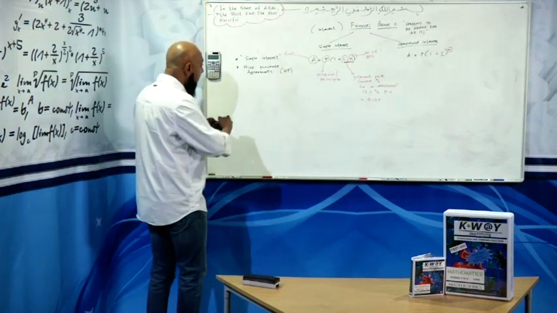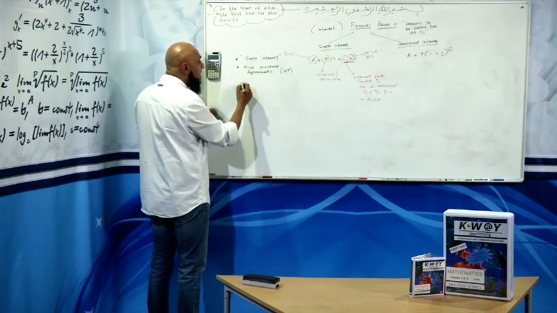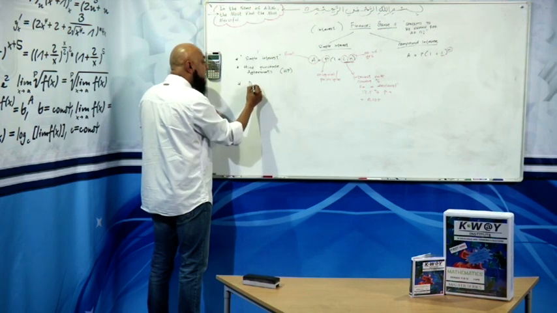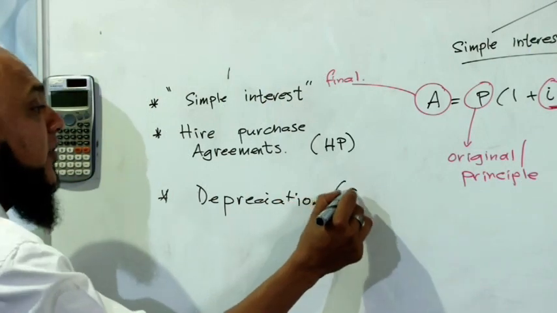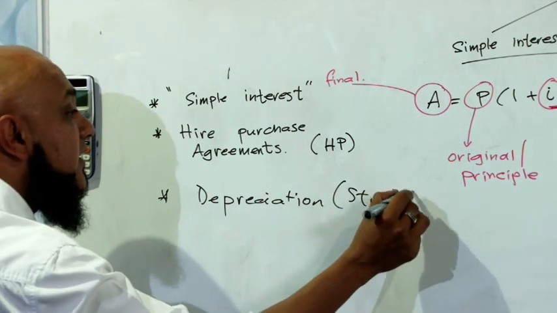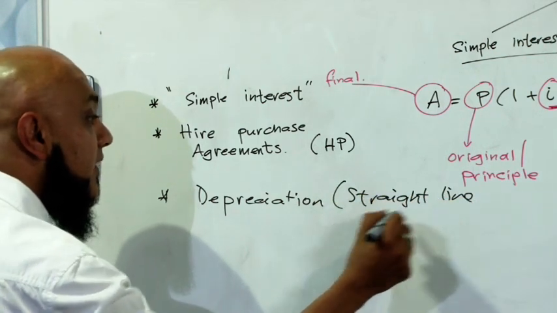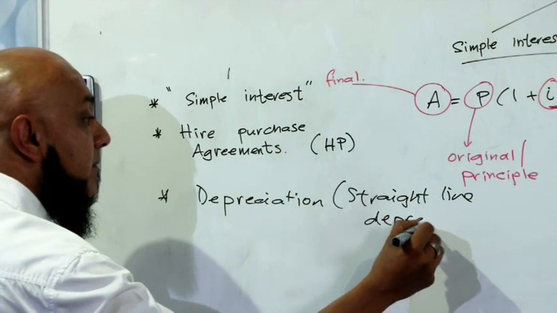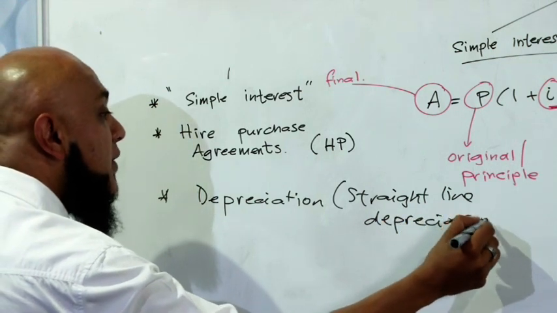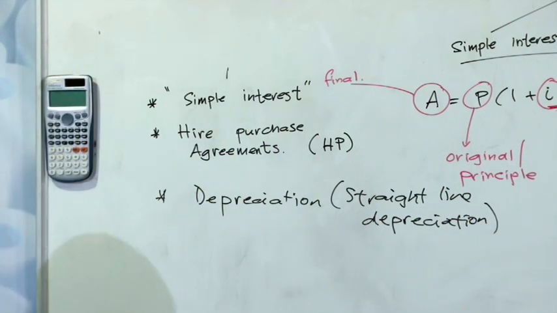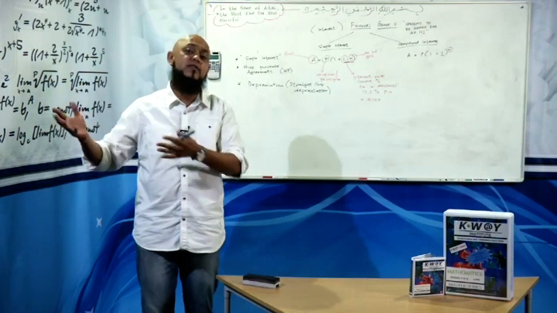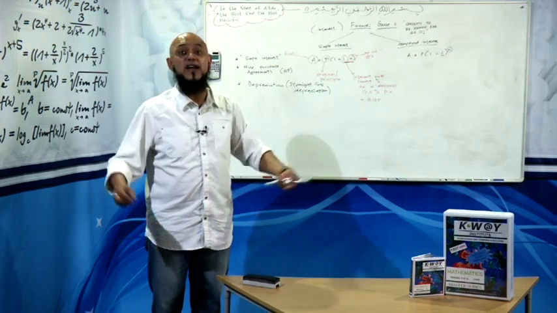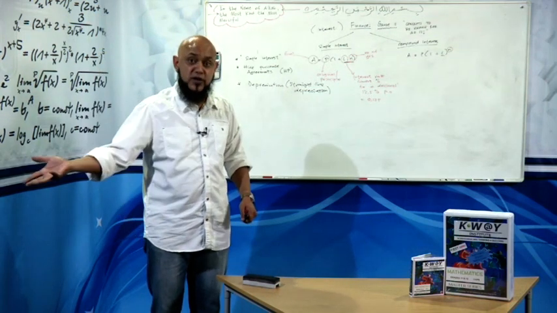Okay. We also use simple interest for depreciation, and for straight line depreciation. What does the word depreciation mean? It means something that is being scrapped, right? So you buy an item for, say, 10,000, and in 5 years' time that item is worth 2,000.